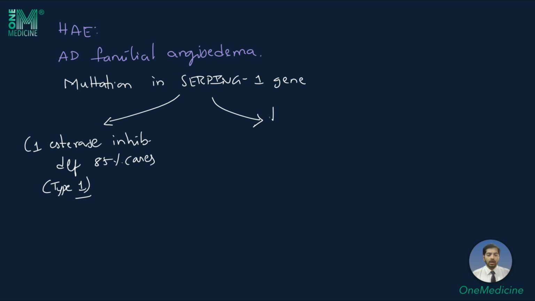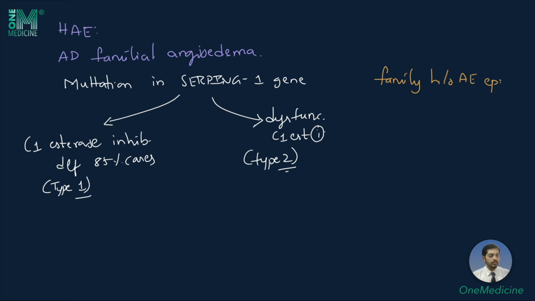Or it can lead to a dysfunctional C1 esterase inhibitor, which is type 2 hereditary angioedema. Classically, these patients have a family history of angioedema episodes with a striking absence of urticarial lesions.